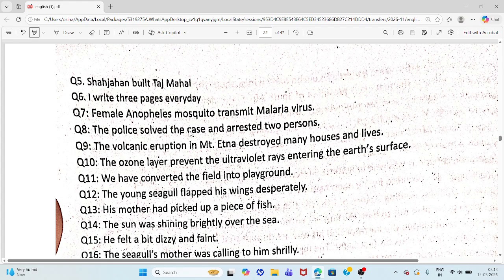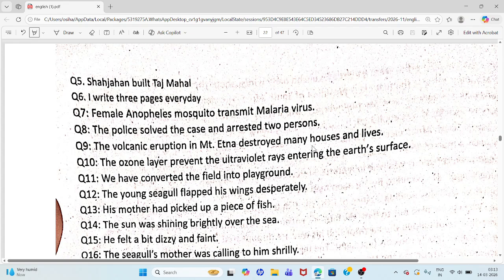Question 8. The police solved the case and arrested 2 persons. In passive voice, the case was solved by the police and 2 persons were arrested. Question 9. The volcanic eruption in Mount Etna destroyed many houses and lives.